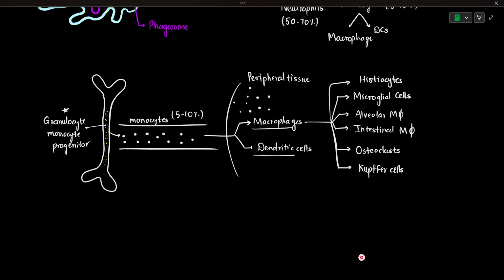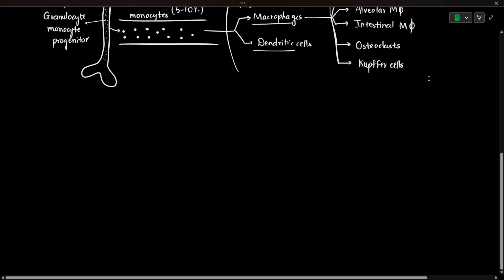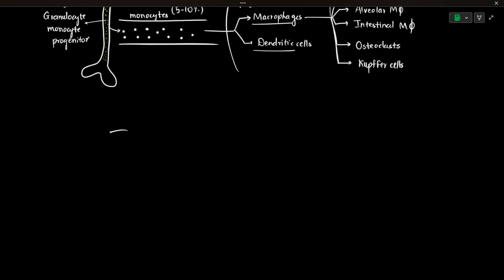The macrophages get activated by pathogens or by cytokines. The cytokines released by other immune cells, such as dendritic cells or mast cells, are going to alert those macrophages, or they can be activated by directly interacting with the pathogenic antigens. So let's assume that this is the pathogen which is arriving.